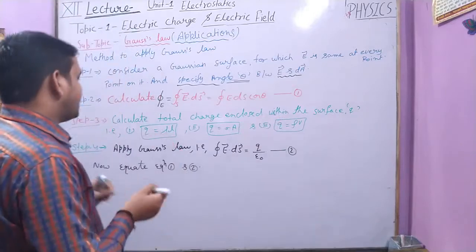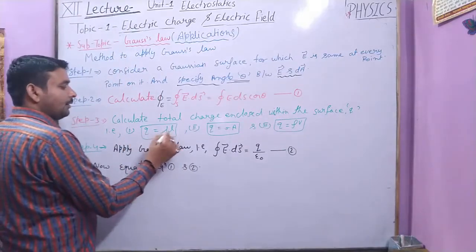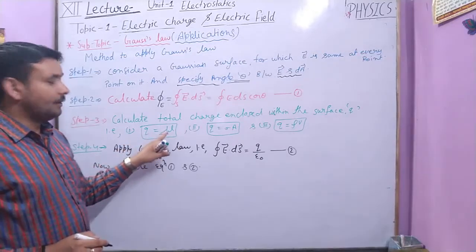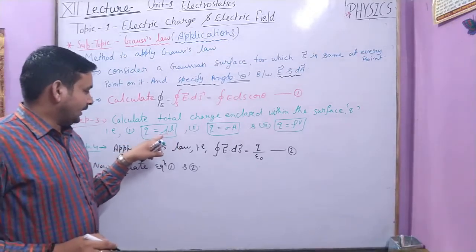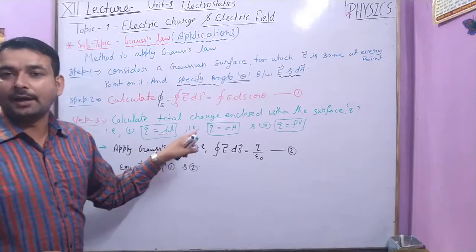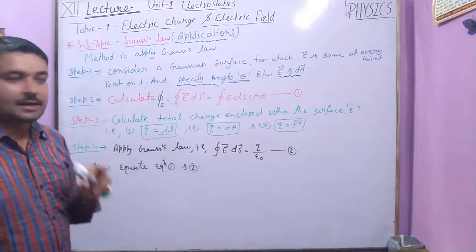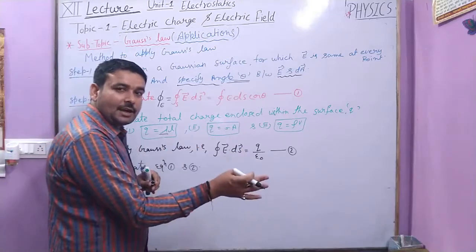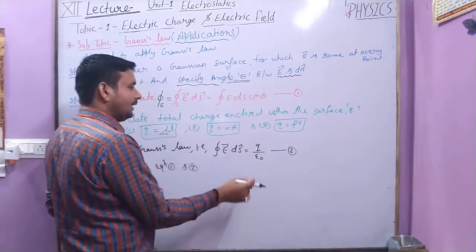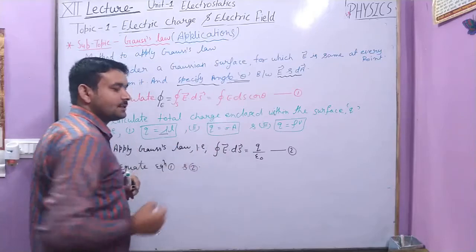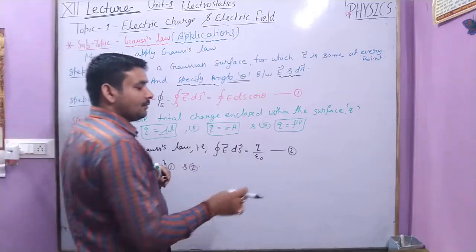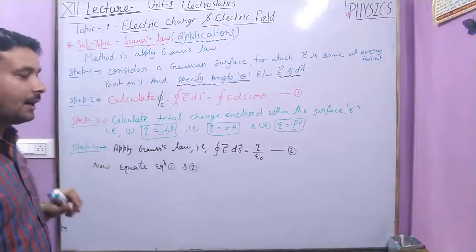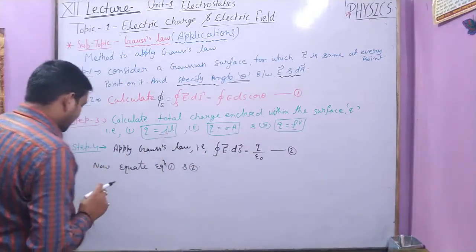If the charge is distributed along a line, you can use lambda L, where lambda is the linear charge distribution. And if it is a plane sheet, you can use sigma A. And if the distribution of charge is volumetric, you use the corresponding volume distribution of charge.